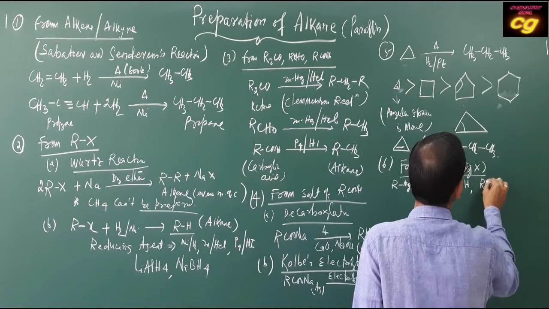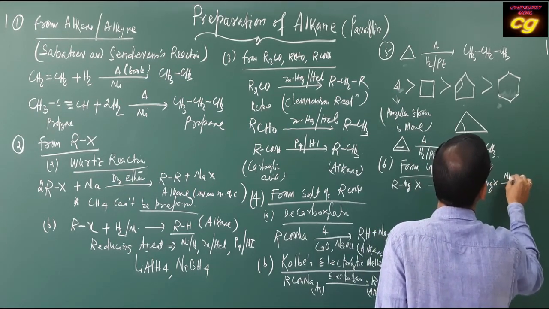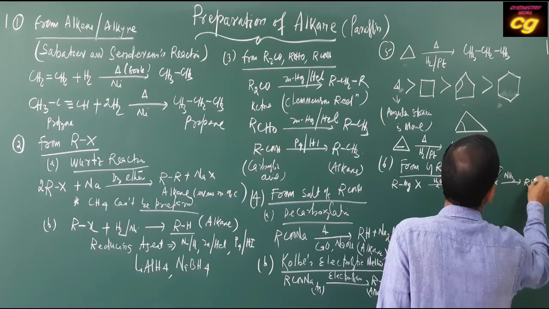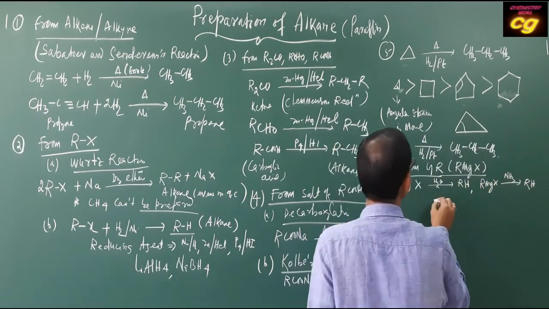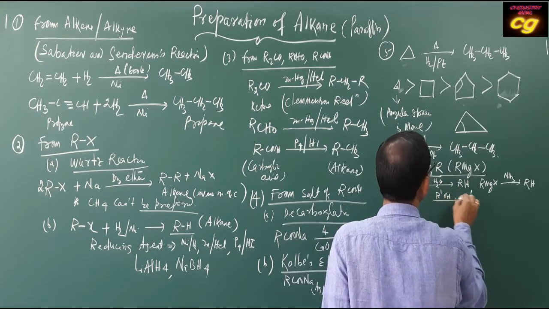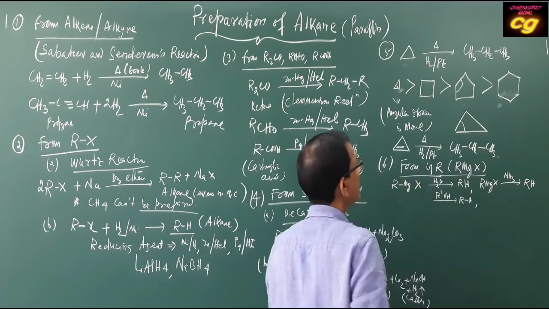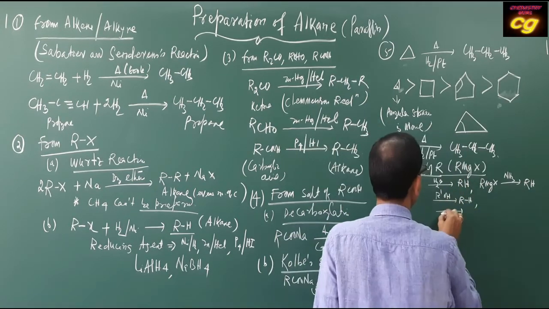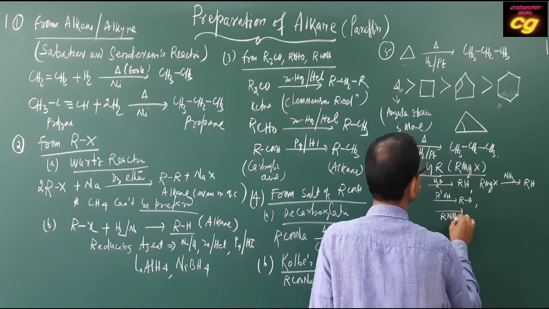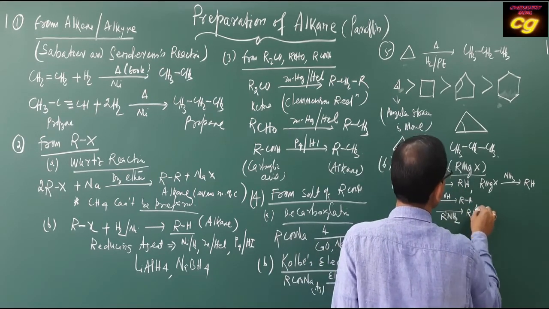The same Grignard's reagent reacts with ammonia and produces alkane. You remember this way: it reacts with alcohol, R-OH, produces RH. It reacts with amine, R-NH2, also produces RH.